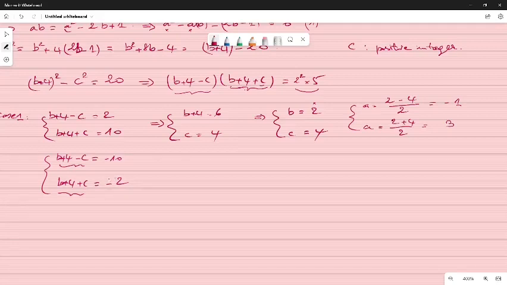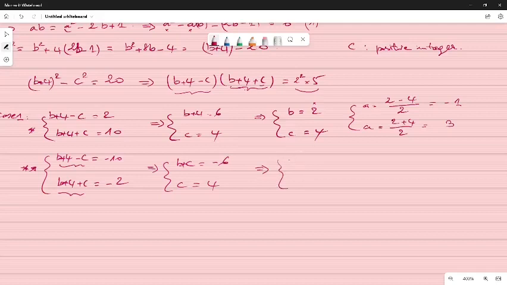Then the only situation is this one and this one. So if we sum these two equations, b plus 4 equals minus 6, and if we subtract, we get c equals 4.